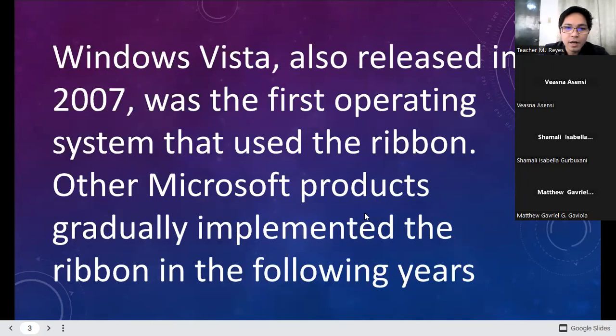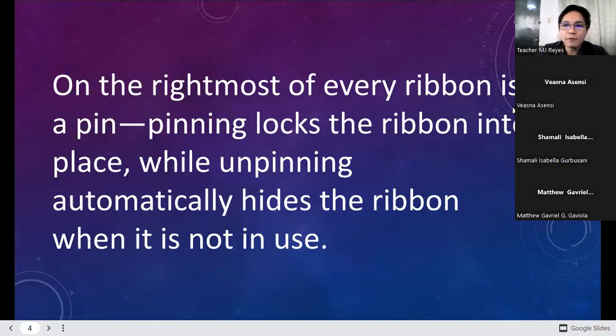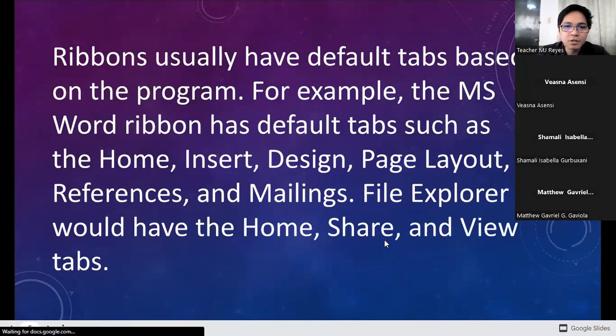Other Microsoft products gradually implemented the ribbon in the following years. On the rightmost of every ribbon is a pin. Pinning locks the ribbon into place, while unpinning automatically hides the ribbon when it is not used. So your ribbon can be hidden and unhidden. It depends upon you.